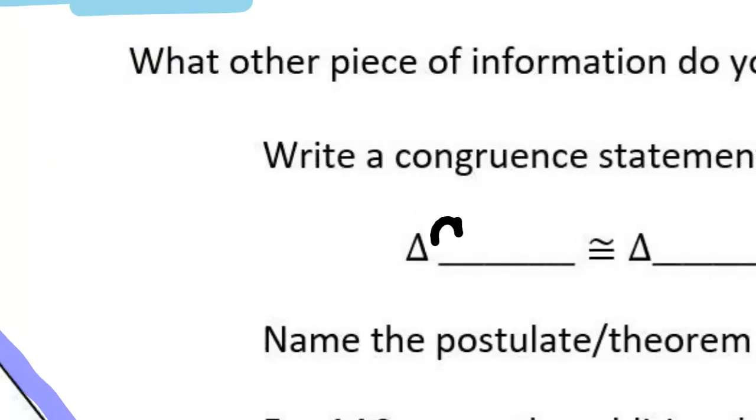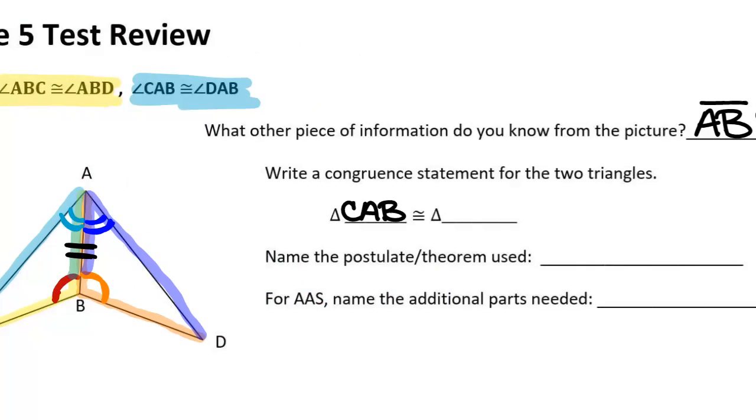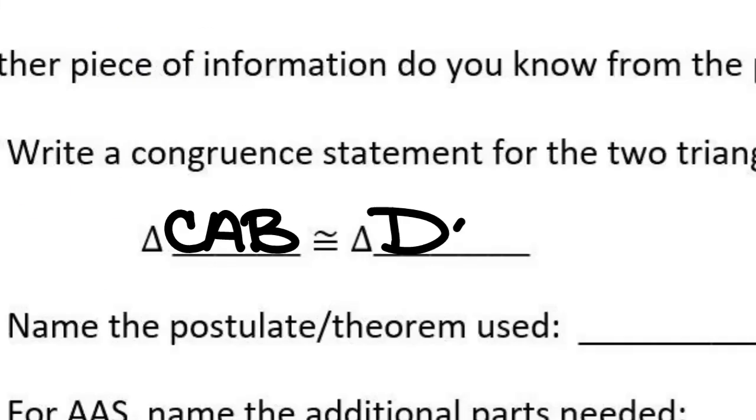Let's call this first triangle CAB. What would correspond to C on the other triangle? D. C and D are corresponding, so this has to start with D. Up at the top, A, that has 2 little congruence marks on it. On the other triangle, that's still A. So D, A, B.